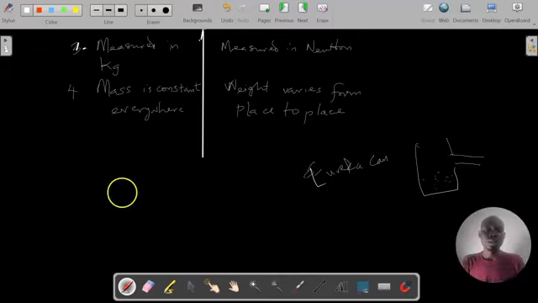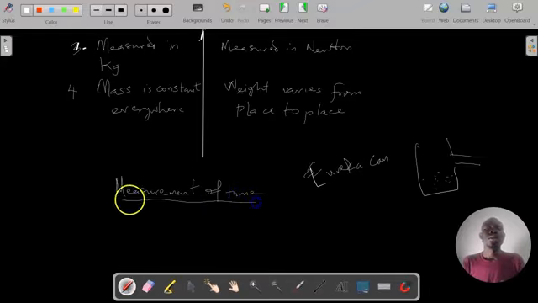So the other one is measurement of time. What is time? Time is that which shows intervals between two events, right? So it distinguishes between two events.